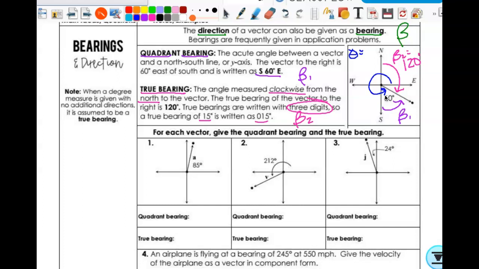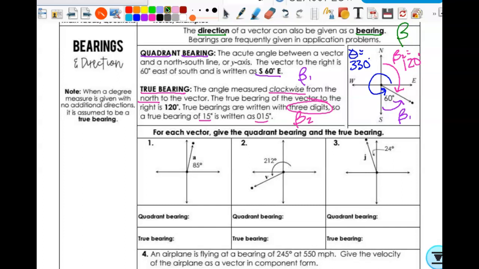Which will give us 330 degrees. So mathematically, what we would use in our calculations is 330. We could talk about it as 120 or 60, depending on how we talk about the quadrants. But in the end, theta is what we need, and that's 330. Okay, that makes sense?